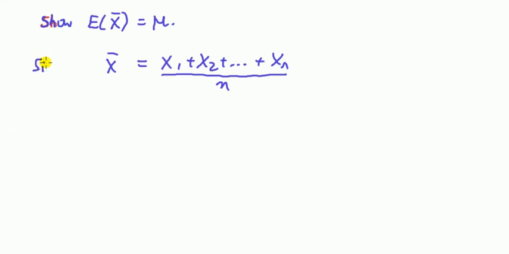So since that is true, we take expectation of the left hand side and expectation of the right hand side. I've done so many videos on the expectation operator, it's dotted all around YouTube. N is a constant, it comes out. These x's are random variables, because each follows a normal distribution.